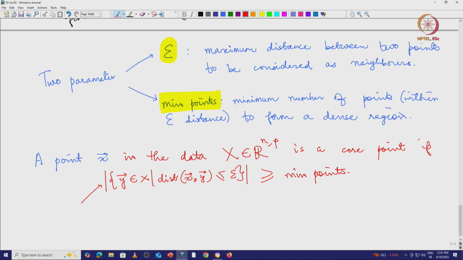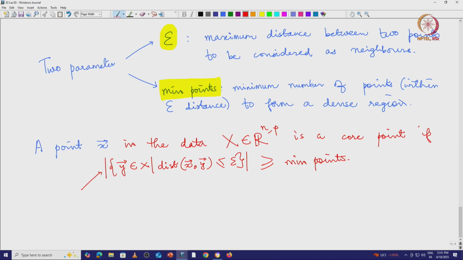So, this is the gist of it. Of course, the algorithm to implement it is more complicated and we will not go into the details. And again, to reiterate, this pipe operator encloses this set, so it is denoting the number of points in the set, right. So, this is the set we are talking about.